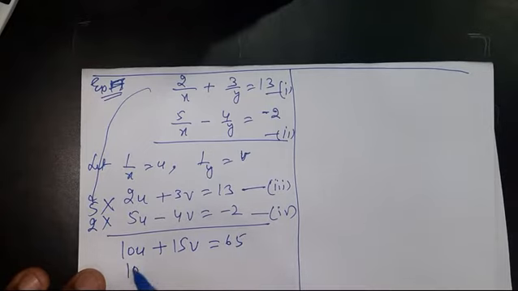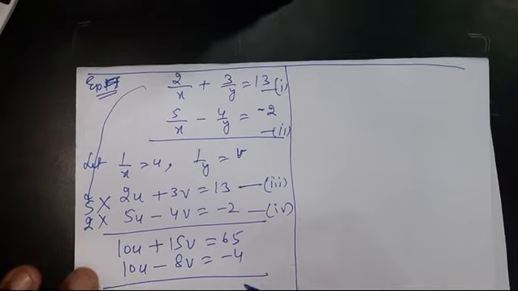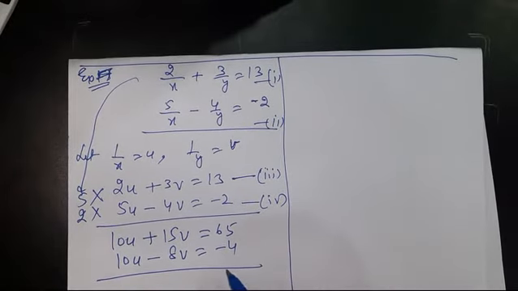Now 10u again minus 8v is equal to minus 4 over here. Got it? So similarly, you get 23v is equal to 69, and v is equal to 69 by 23, that is 3.